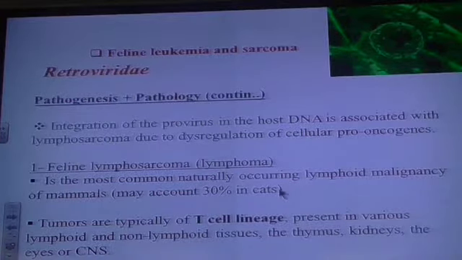So this is why it's always recommended to follow up after 2 to 3 months by another test to confirm whether this animal is infected or not. So there are stages when the P27 protein is not present in the blood circulation.